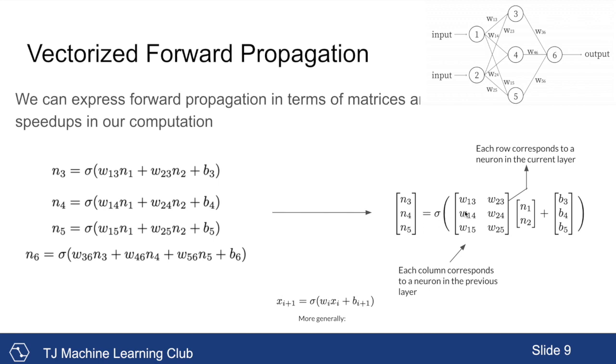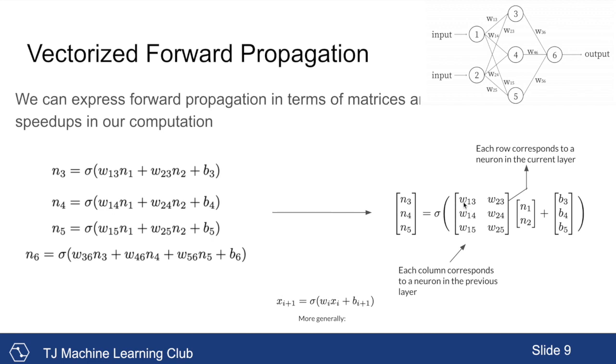And so this is our weight matrix that represents the weights that connect the input layer with the hidden layer of our neural network, right? Each column here corresponds to a neuron in the previous layer. So all of these weights are related to input one.